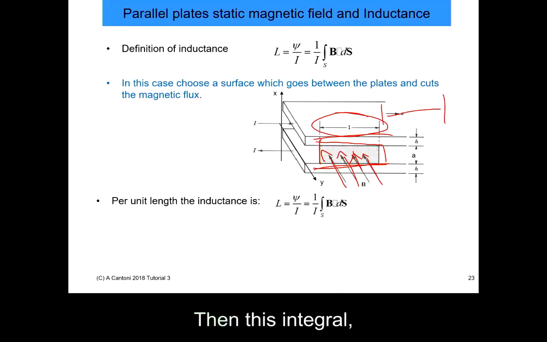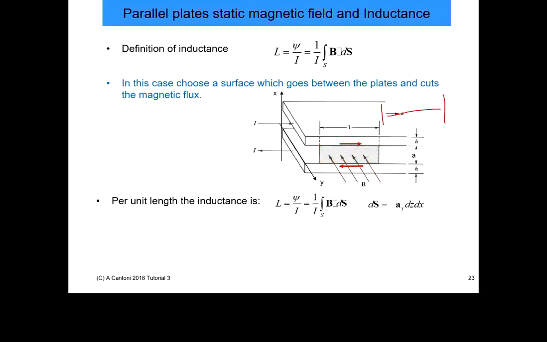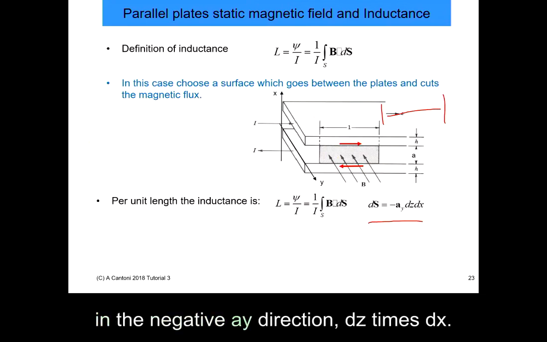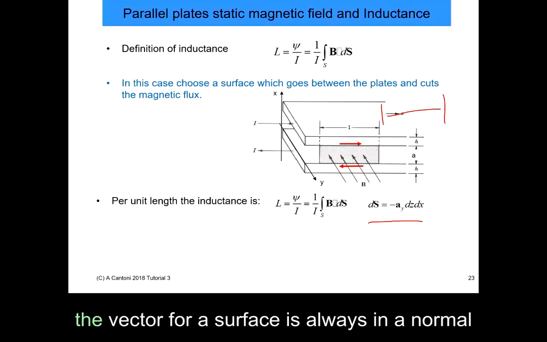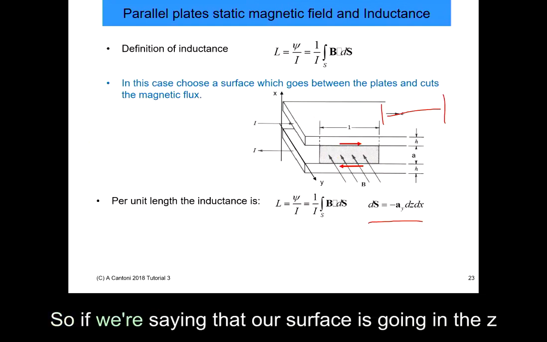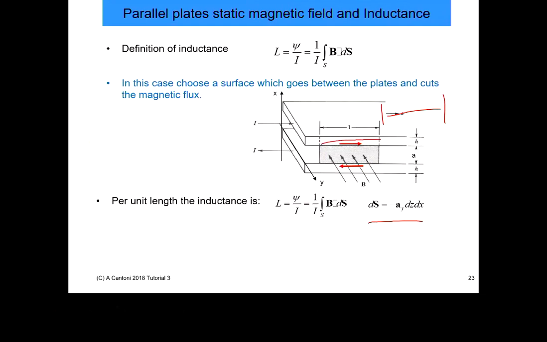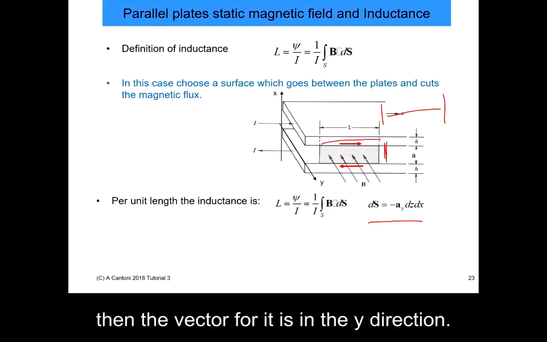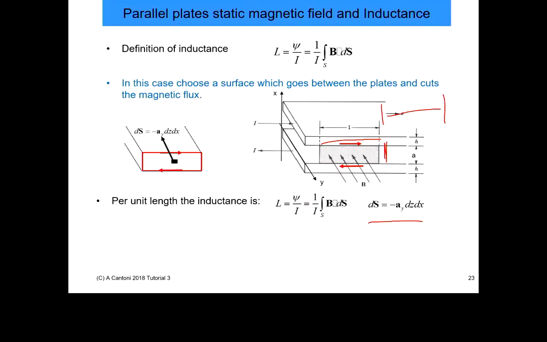Then this integral is going to be, the surface is going to be this, right? In the negative a_y direction, dz times dx, right? And remember, the vector for a surface is always normal to that plane. So if we're saying that our surface is in the z and the x direction, then the vector for it is in the y direction.